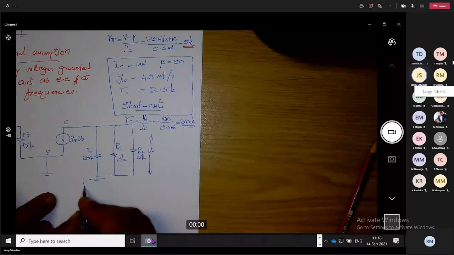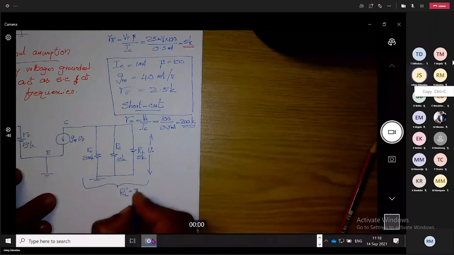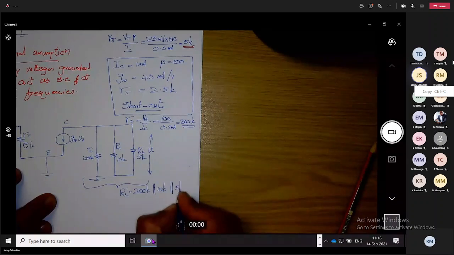Because all the three are parallel, we are going to work out RL prime: 200K parallel 10K parallel 5K. Someone calculate it for me.